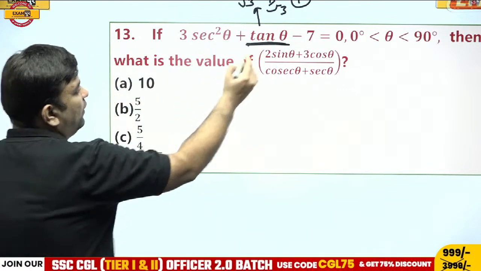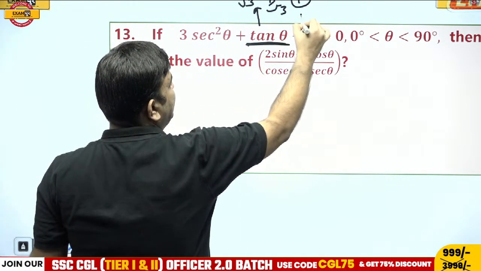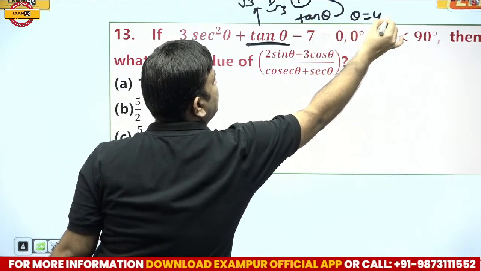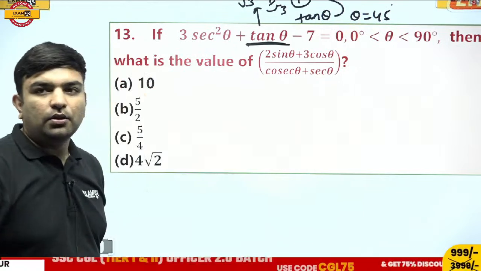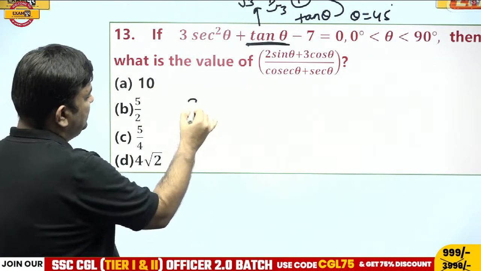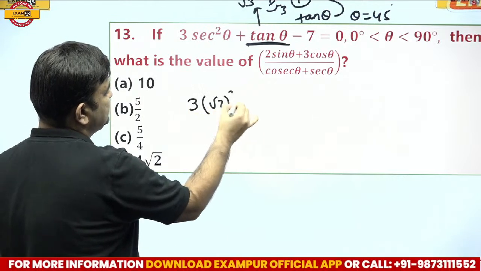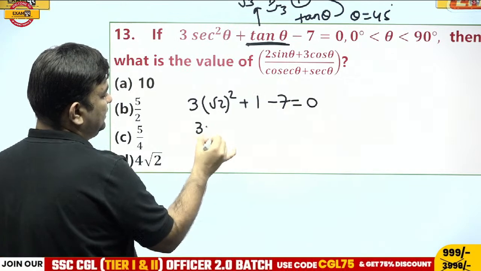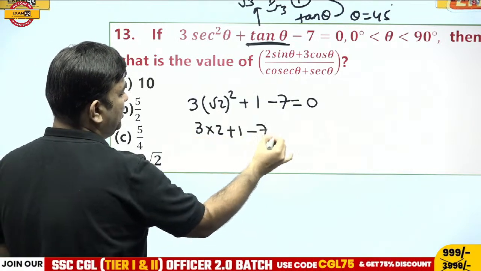So go for tan theta is 1, which happens at theta equal to 45. Sec 45 is root 2, squared is 2. Tan 45 is 1. Please do a cross check. Is it satisfying or not?